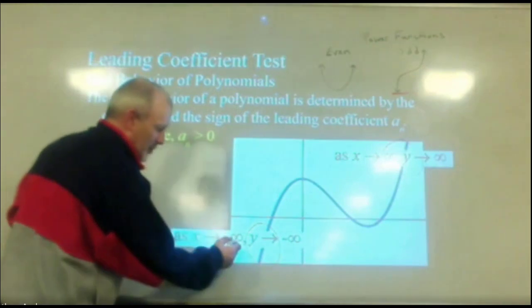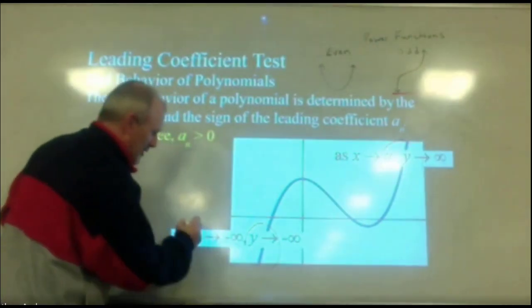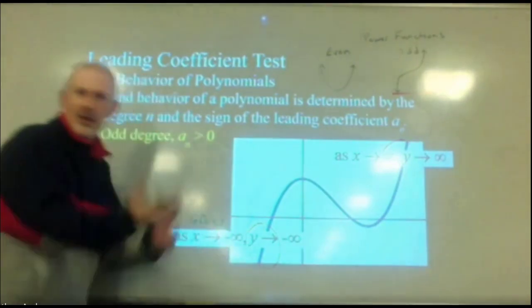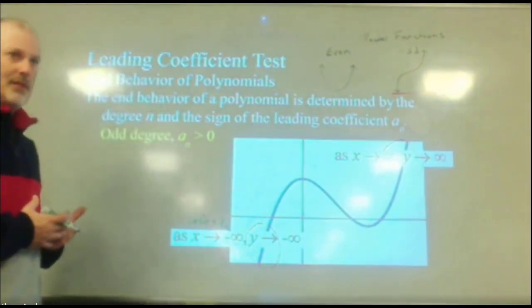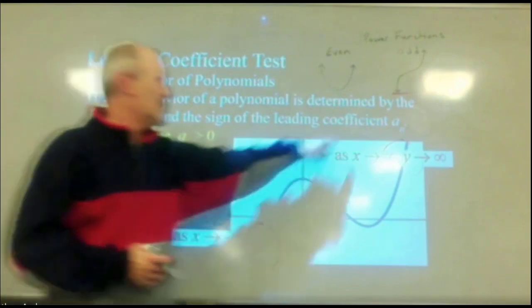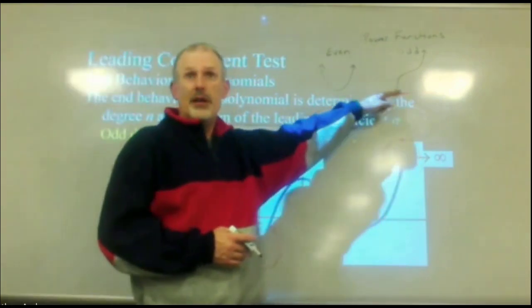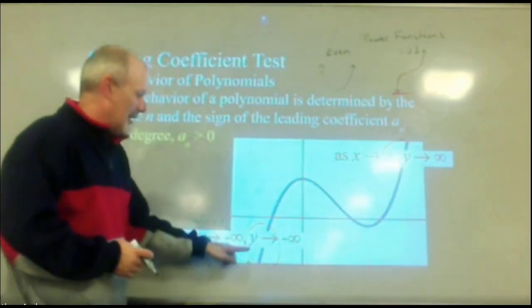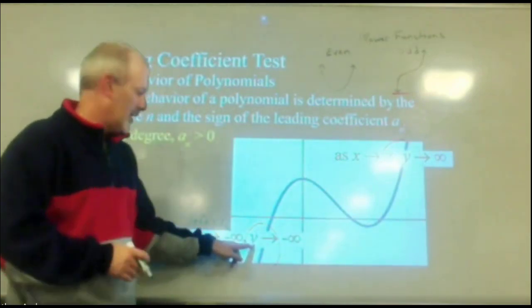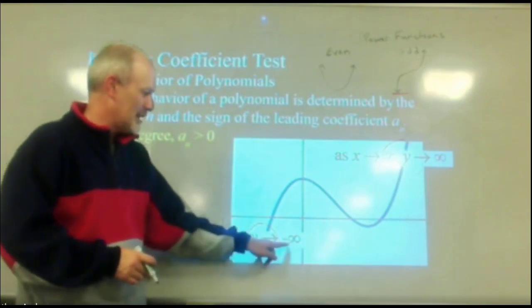So as x approaches negative infinity, remember this means the left side. So we're talking about the left side of the graph. And what is happening on the left side? Well, we can see that it's going down, just like we would expect from up here. And so when it's going down, sometimes we'll see f of x or sometimes we'll see y, they're kind of interchangeable. But you see y is approaching negative infinity.